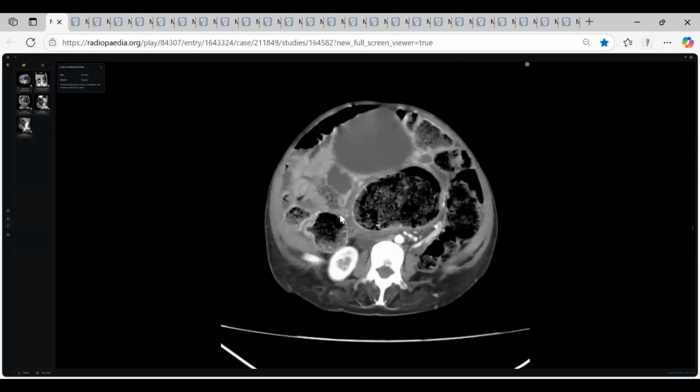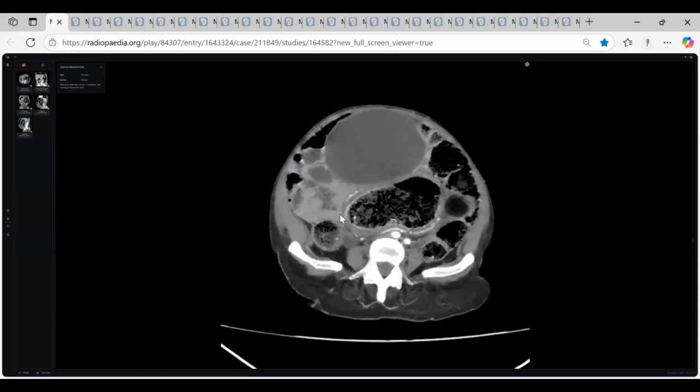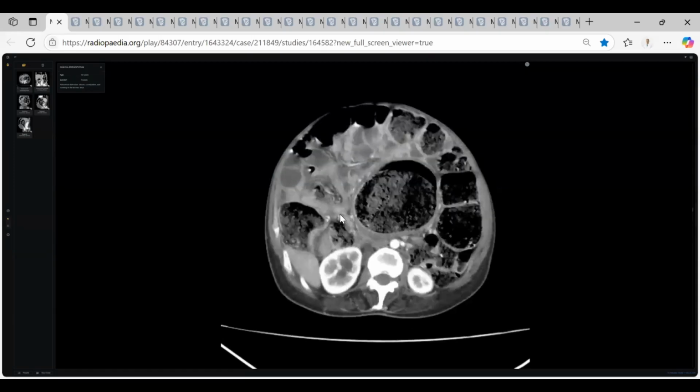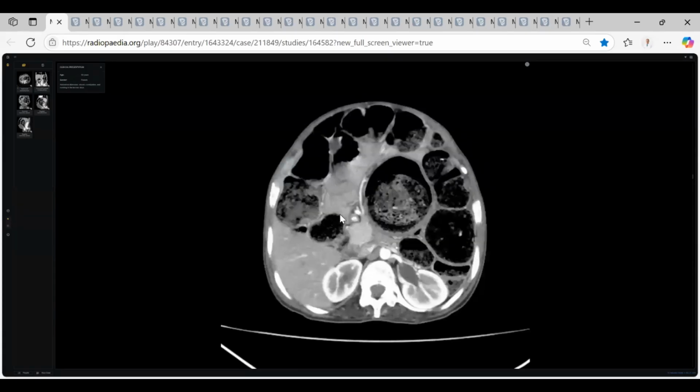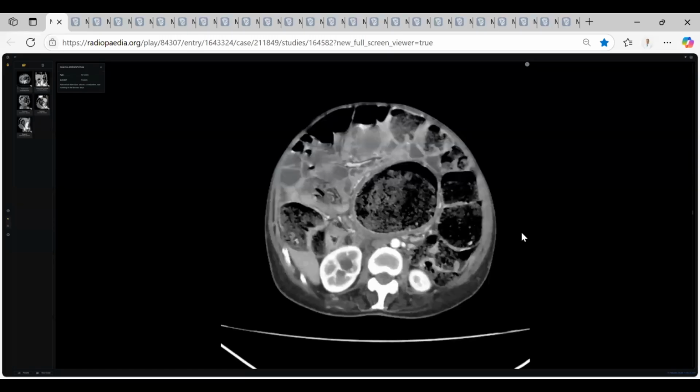Can I scroll? Yes. What happened to the right kidney, please? Could you tell me? I'm trying to scroll both kidneys again. Look at both kidneys, please.